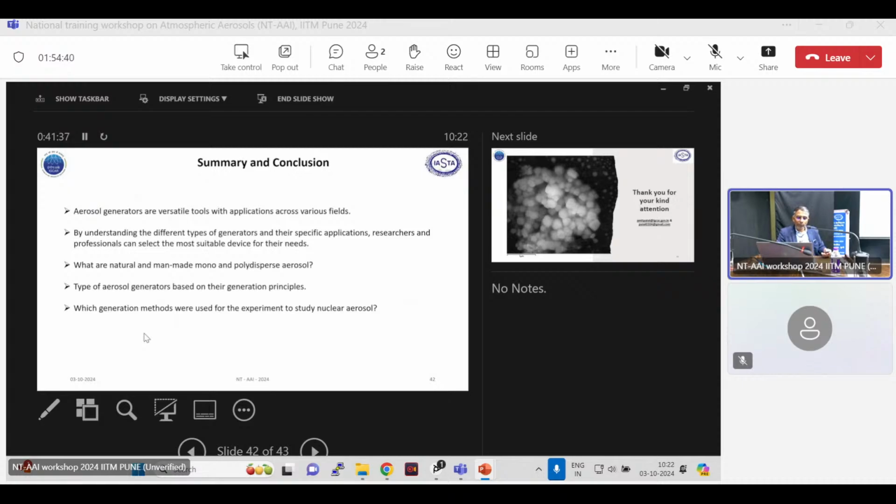Based on this, you may now understand what natural and man-made aerosols are, what monodisperse and polydisperse aerosol generators are, and their generation principles, whether evaporation or condensation method, chemical reaction, atomizer, nebulizer, or electrostatic principle. And what the typical methods are that we use in the nuclear industry to generate aerosol, simulate accident conditions, or do research. So these few questions you may now be able to answer if someone asks.